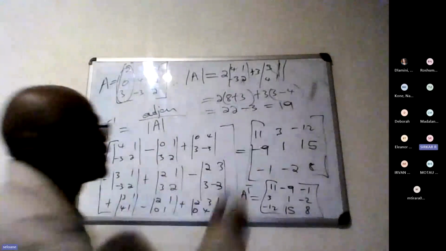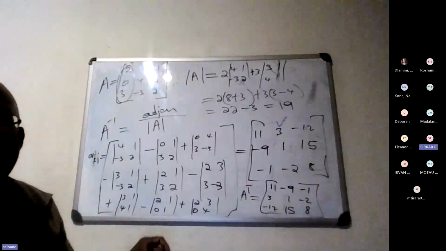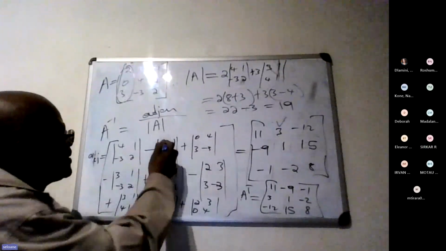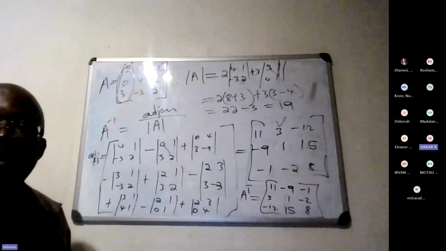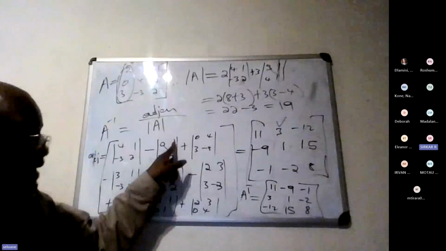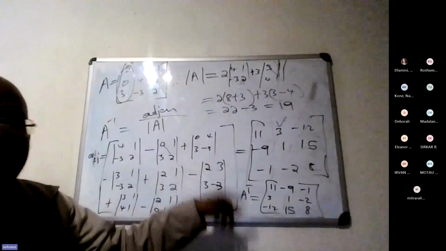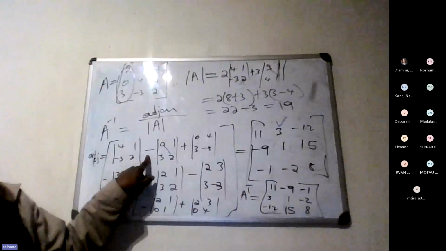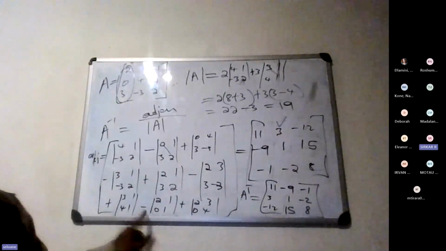Yes, I understood that. How did we get a 3? We said 0 multiplied by 2 is 0, and the 1 multiplied by 3 is 3. So it will be 0 minus 3, which is minus 3. That minus 3 multiplied by this one. The same thing with this one. Yeah, it's the same.